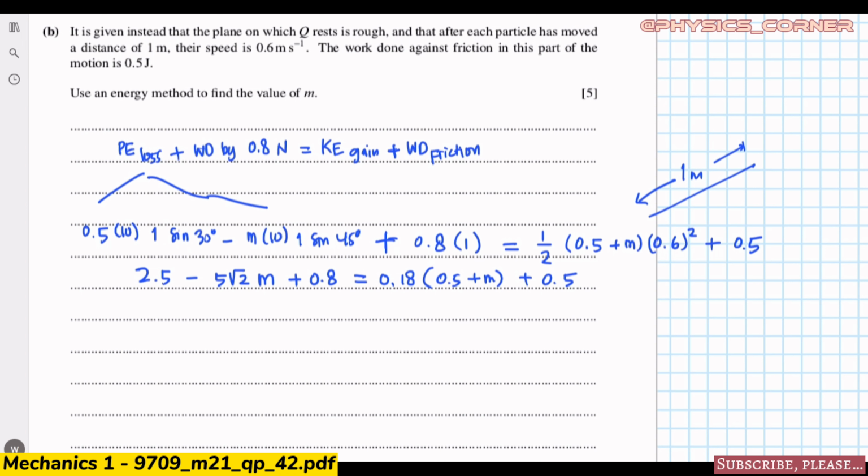I think we need to break it down. 0.18 times 0.5 is 0.09, plus 0.18 m, and plus 0.5. This still has 3.3, so 3.3 minus 5 root 2 of m.